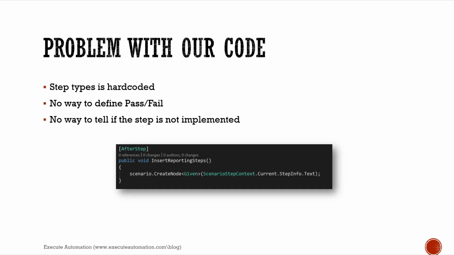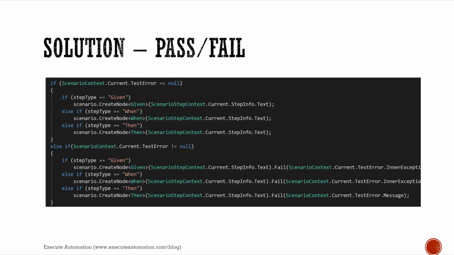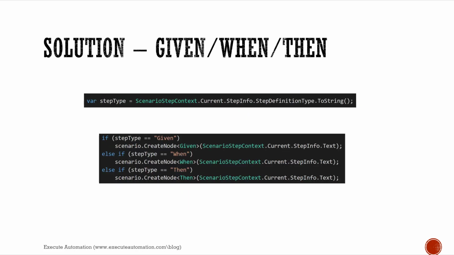And then we have one more problem, which was how to define the pass and failure. That's very simple as well. There is something called scenario context.current.test_error. This particular property, test error, will tell us whether this is a pass test or a failure test. If it is null, which means there is no test error, the existing code that we saw here can be used.